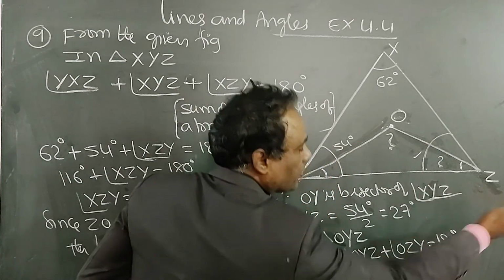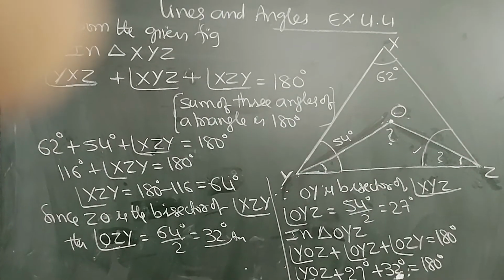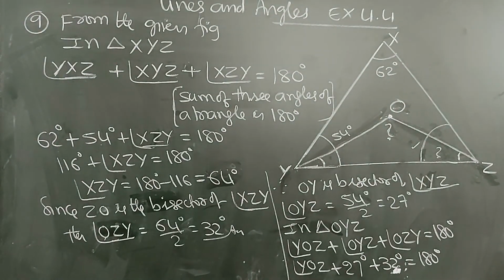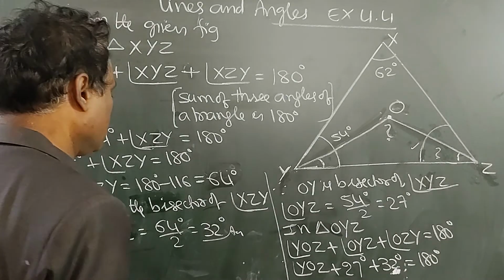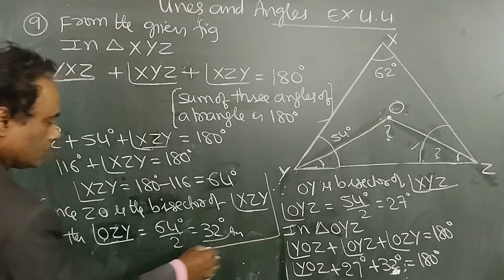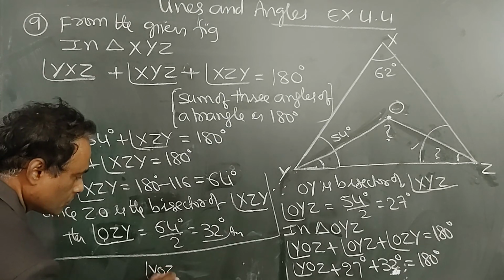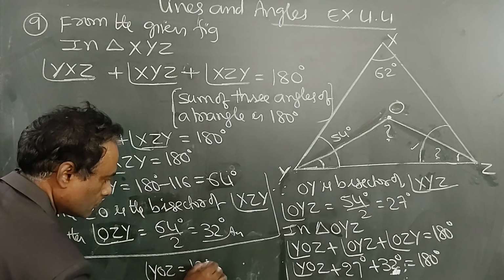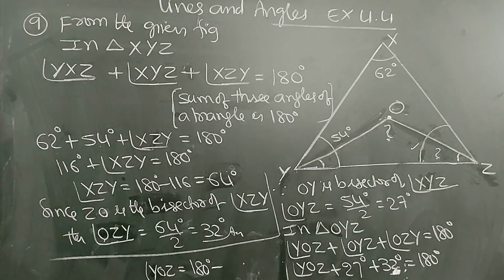So take the sum of these two to the right side, and we will get this angle also. 27 plus 32 is 59.